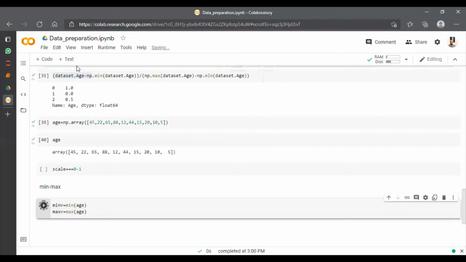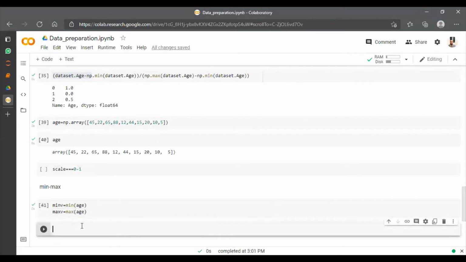So then the formula is: you subtract the minimum value from each of the data points. Then you divide everything by the maximum value minus the minimum value.